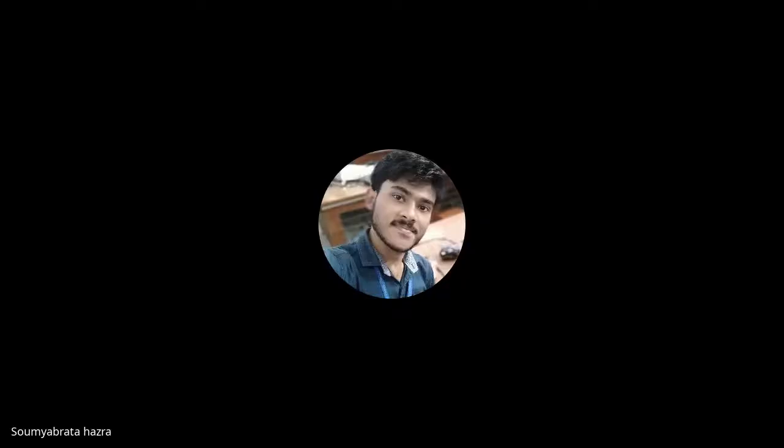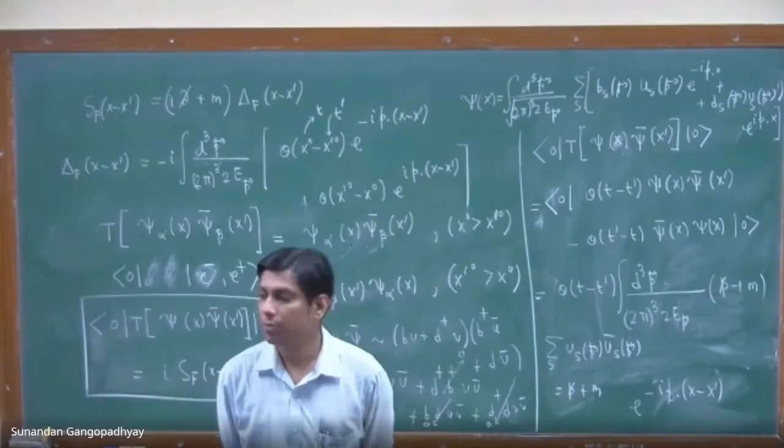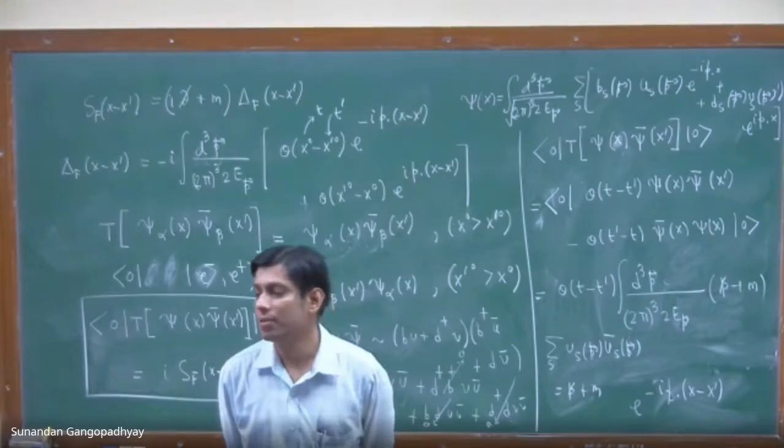In the momentum space integral, d4k by (2 pi)^4 times exponential of i k dot (x minus y) over k squared minus m squared plus i epsilon, we can use either e to the power plus i k dot (x minus y) or e to the power minus i k dot (x minus y). Both will give us the same answer. Absolutely. But there I could not find the same answer.